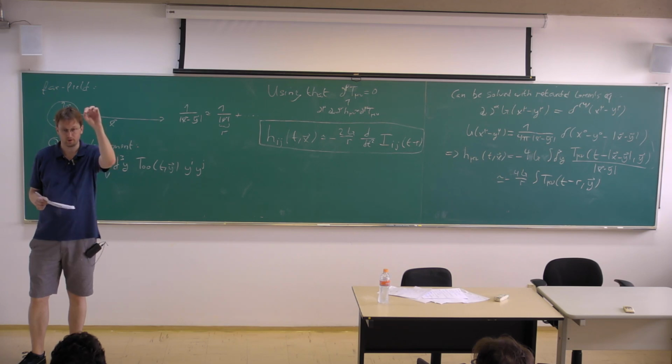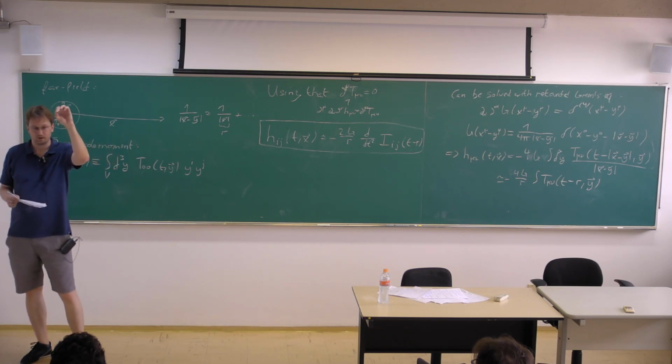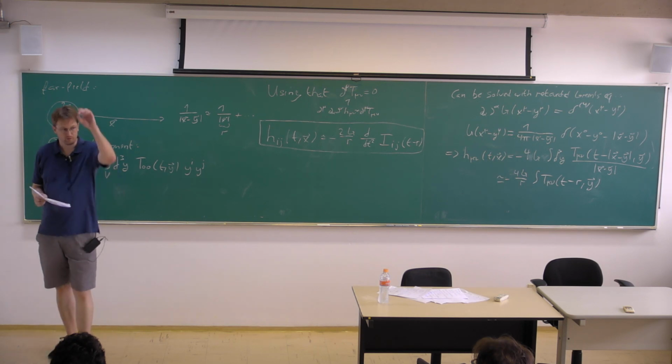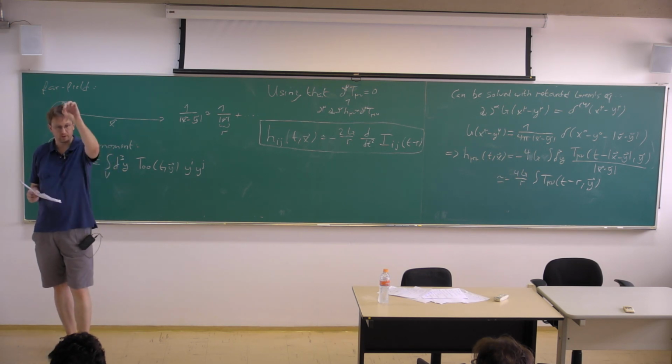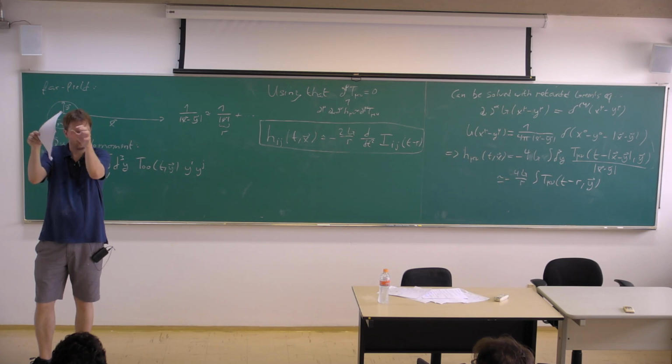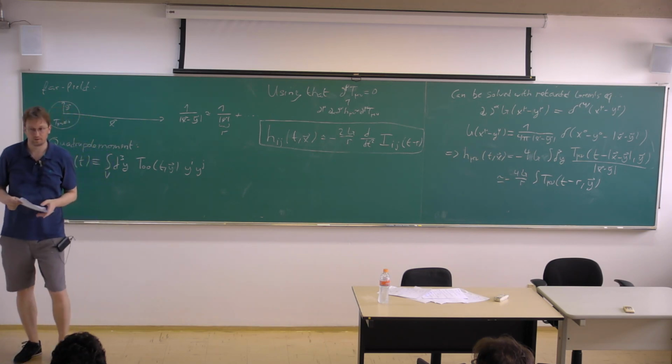You have a charge which moves along a rod up and down, that sources electromagnetic radiation. For gravitational waves, this is not enough. If you have a mass that just moves up and down like this, that doesn't source gravitational waves. What you need is a time-dependent quadrupole moment to source gravitational waves.